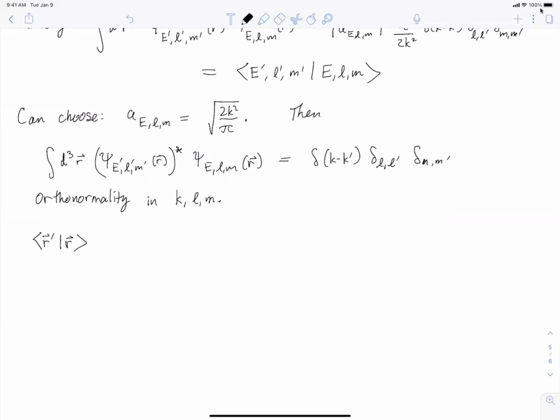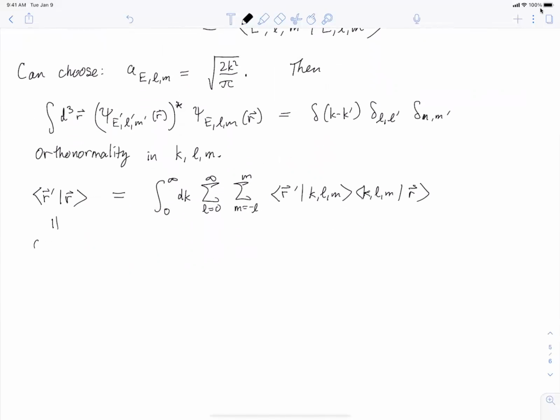So that's equal to, using completeness, an integral over K, a sum over L, a sum over M, the allowed values of M, and I'm putting in here a complete set of states. Okay, so on the one hand, the left-hand side is a three-dimensional delta function, because that just comes from the definition of the kets of position eigenstates.